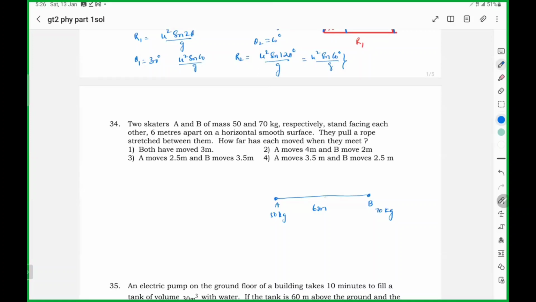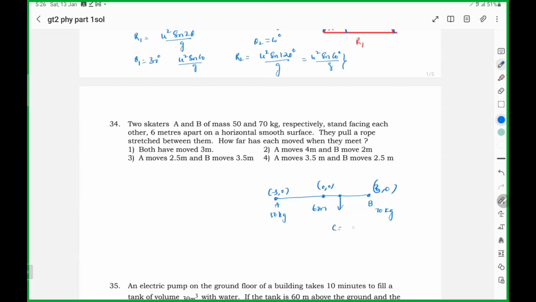Let us define the midpoint as the origin, 0, 0. The center of mass will be towards the heavier mass. So here is minus 3, 0 and plus 3, 0.